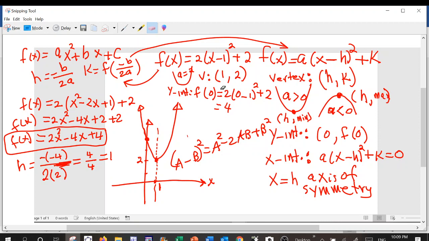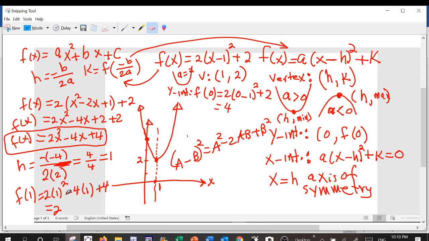Right here. And f of 1 is going to be, you put 1 in here, we get 2 times 1 squared minus 4 times 1 plus 4. Well, that's 2 minus 4 plus 4, which is 2. So it's the same that we have here, the vertex.